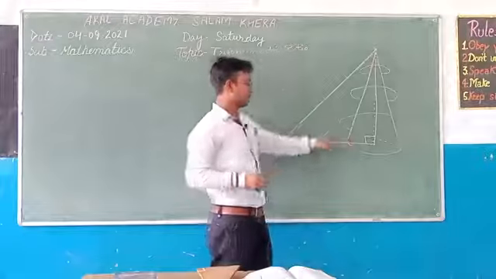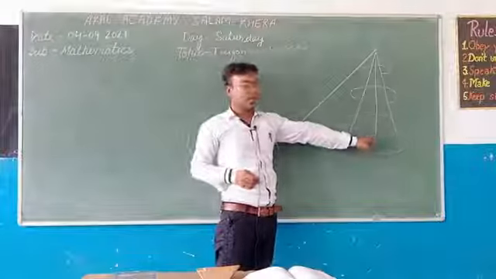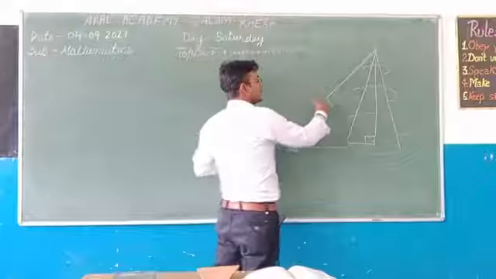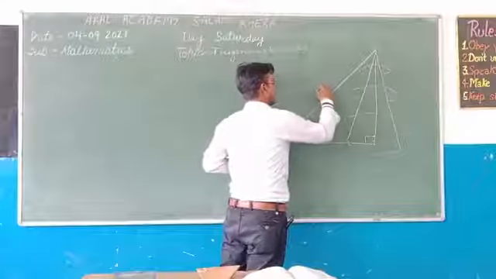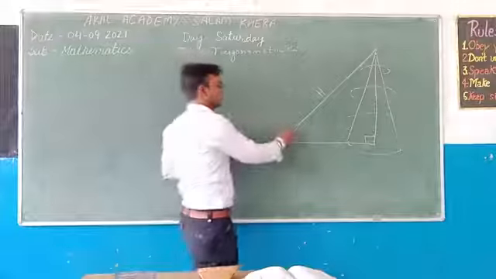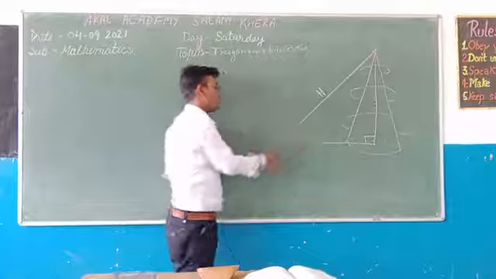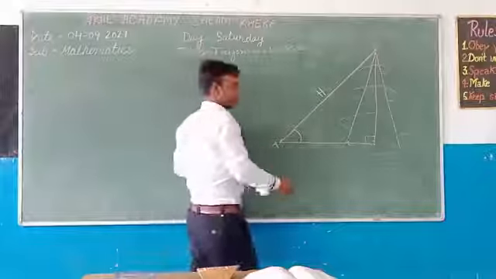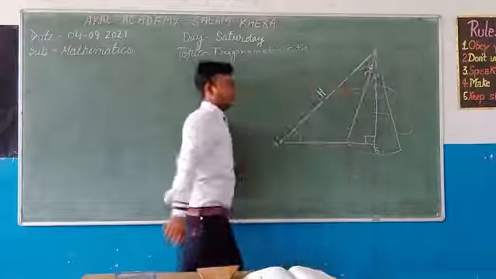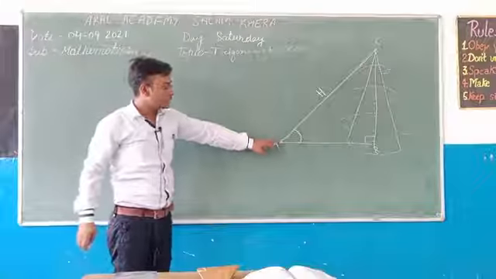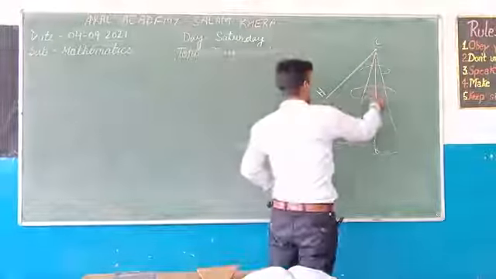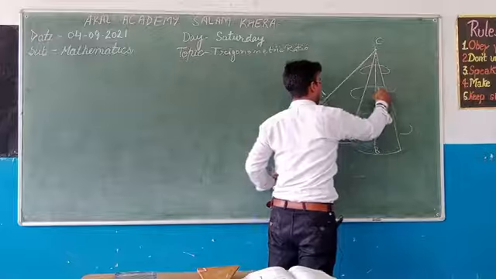Look here. This is the right angle, and you know the side opposite to the right angle is known as the hypotenuse. So this is the hypotenuse, and this acute angle is given as A. This is the right angle, this is the other acute angle, and the side opposite to the given acute angle is called the perpendicular.